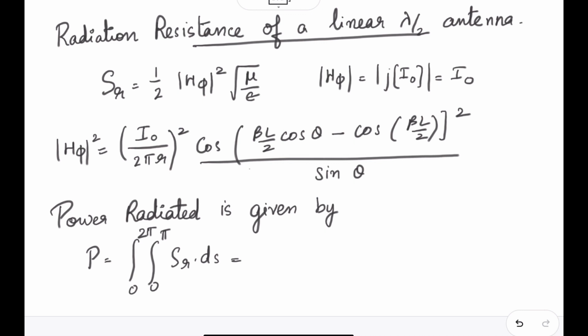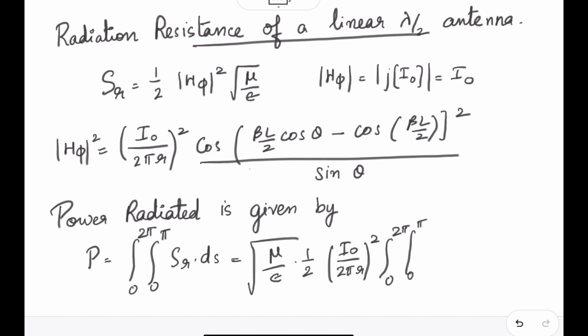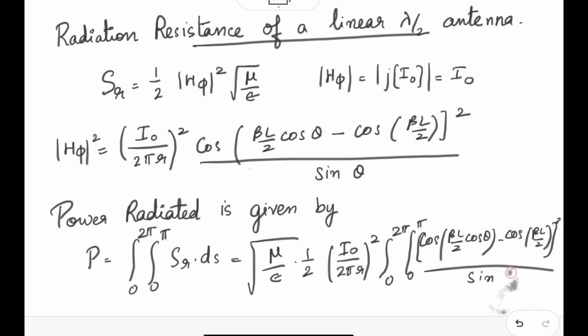So substitute the entire equation over here, that is substituting root of mu by epsilon into 1 by 2 into I naught square by 2 pi r the whole square of 0 to 2 pi 0 to pi, the entire term cos of beta L by 2 cos theta minus cos of beta L by 2 the whole square divided by sin theta into ds.